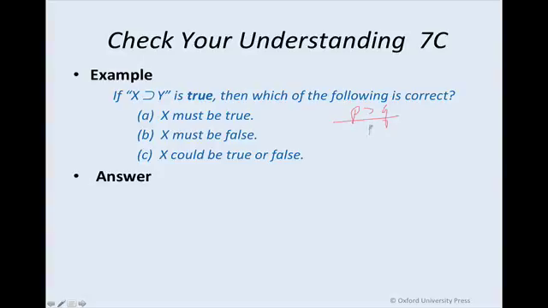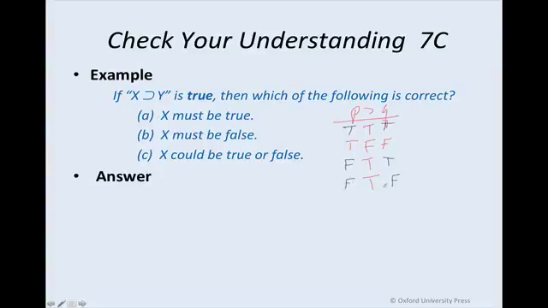We know that there's one situation in which the horseshoe is false, and that's when the antecedent is true and the consequent is false. But there are three ways in which the sentence comes out true. If each of the antecedent and consequent are true, if the antecedent is false and the consequent is true, and if each of the antecedent and consequent is false.